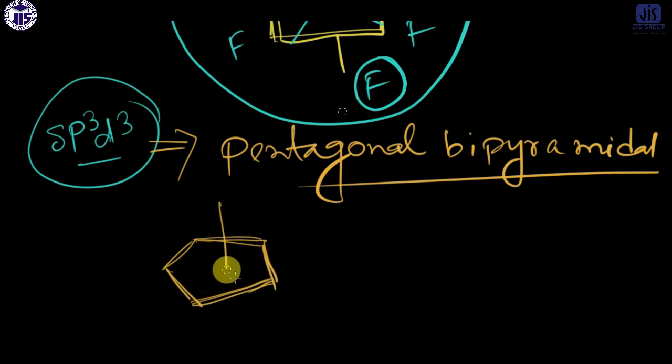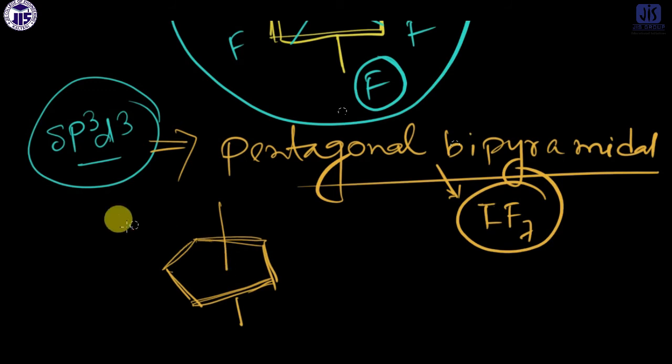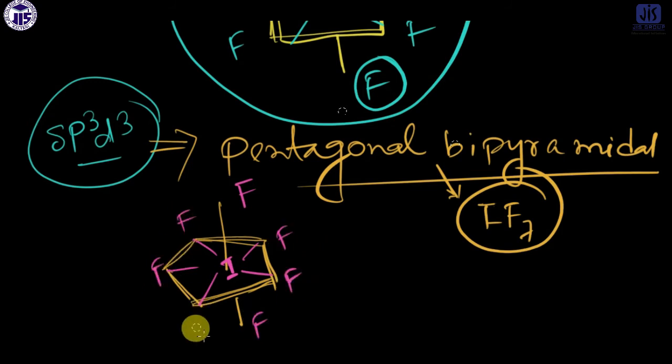I will take one example of the pentagonal bipyramidal, and the example is IF7. Here in the central part there will be I, and all the 7 atoms are arranged in this way, and this is called the pentagonal bipyramidal.